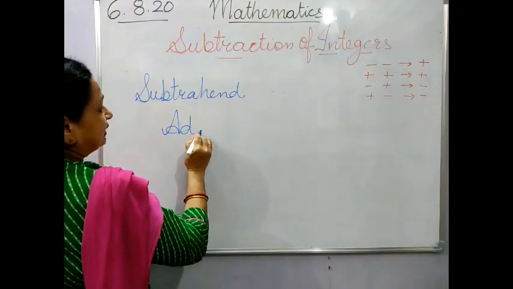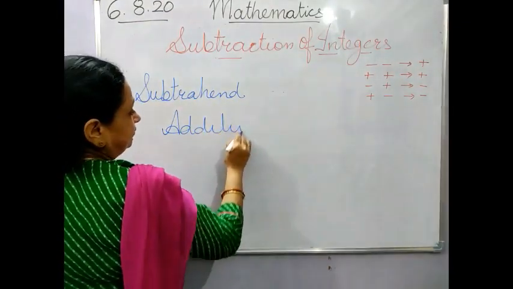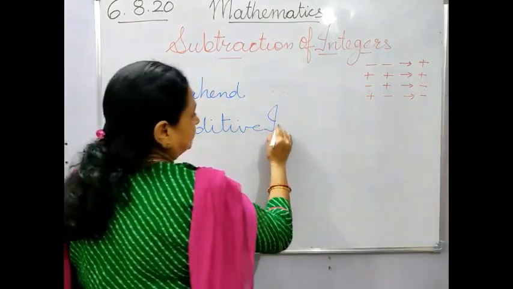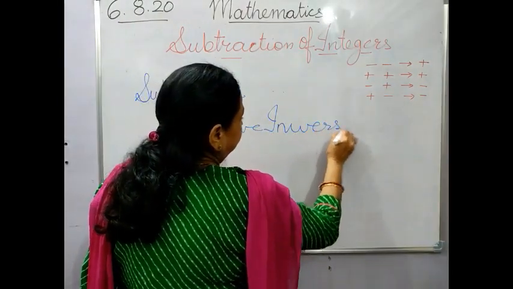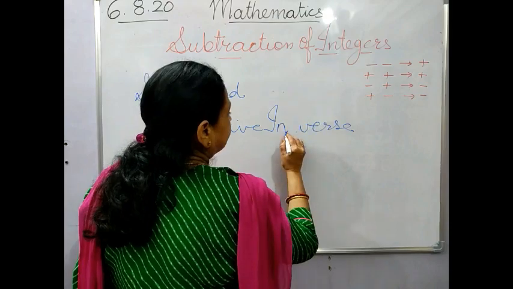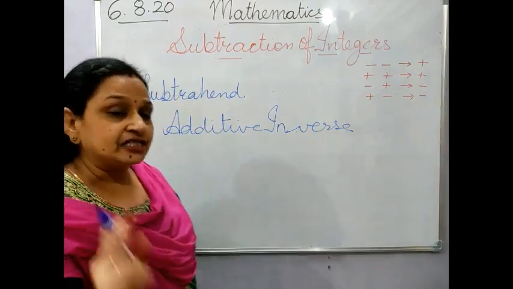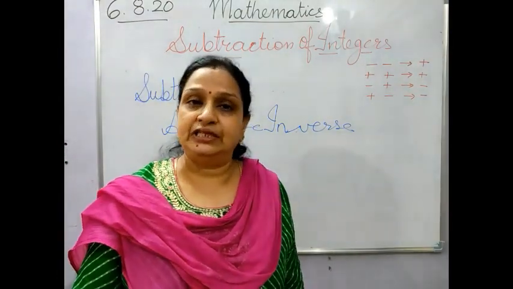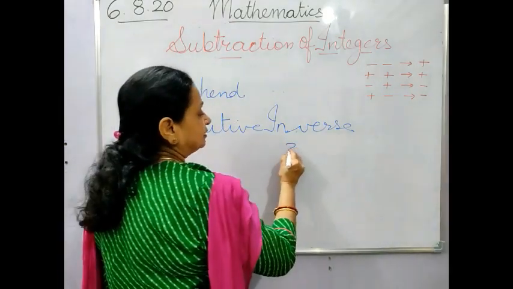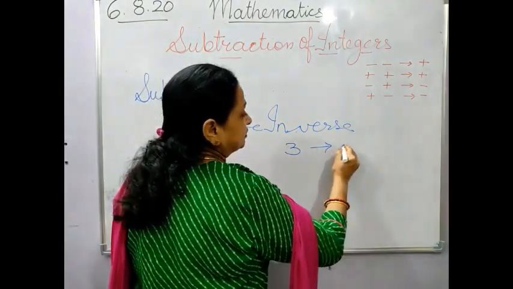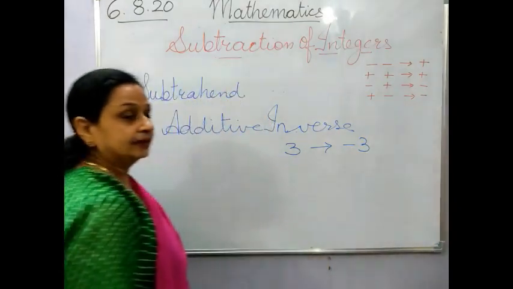You have read it. Additive inverse means the digit will remain the same, the sign will change. For example, the additive inverse of 3 will be minus 3.